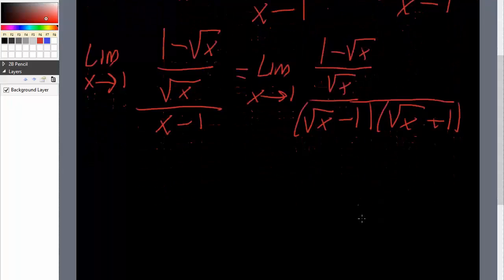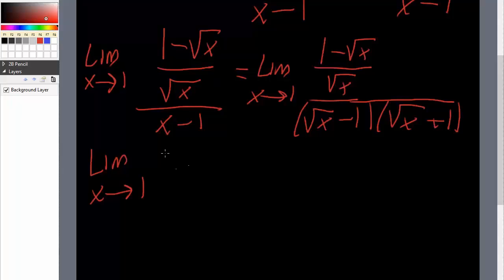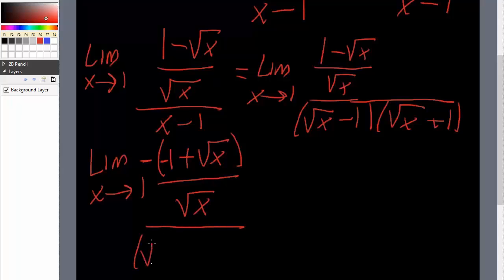And so now we have to try to at least cancel this term from this. So let's do this. Limit as x approaches 1, we will get 1 minus the square root of x. But now we're going to put a negative in the front, and if we put a negative in front, we've got to put a negative on the inside. So now we will get divided by square root of x, all over the square root of x minus 1, parentheses, square root of x plus 1.